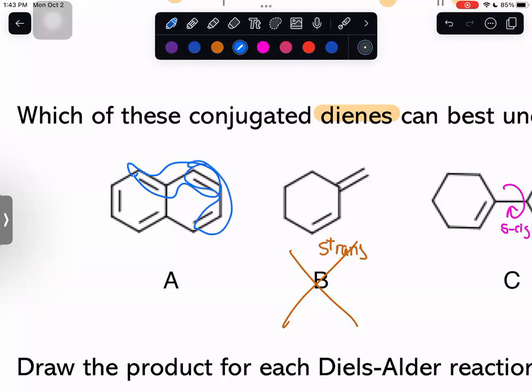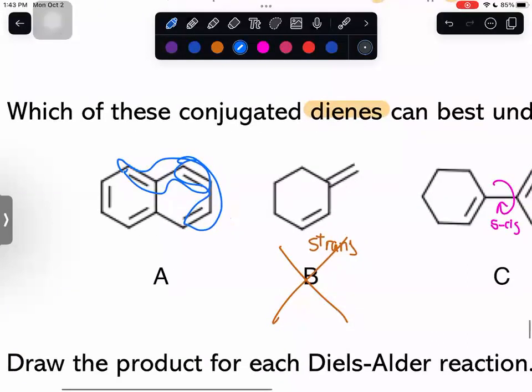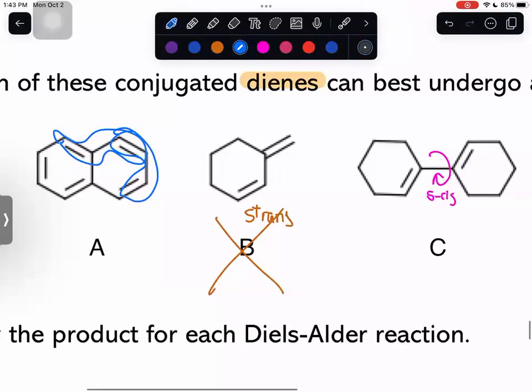S-cis is over here. Now, no matter what kind of conjugated part you're looking at in the molecule, we have those, what are they? Those double bonds. So we know that they're going to have a little withdrawing effect, so it's not going to make the best diene. So that's why we're going to be discarding option A.